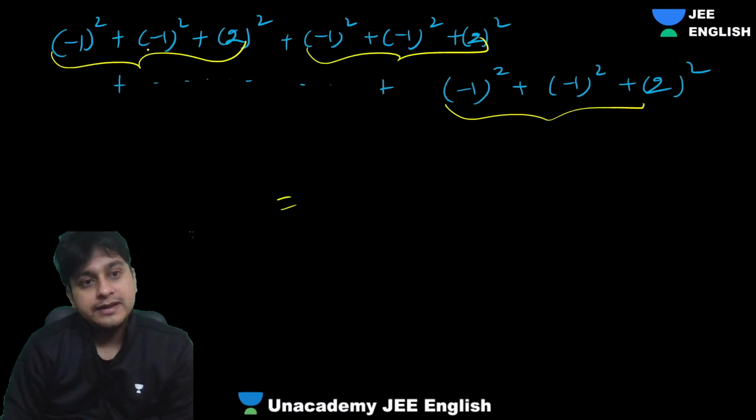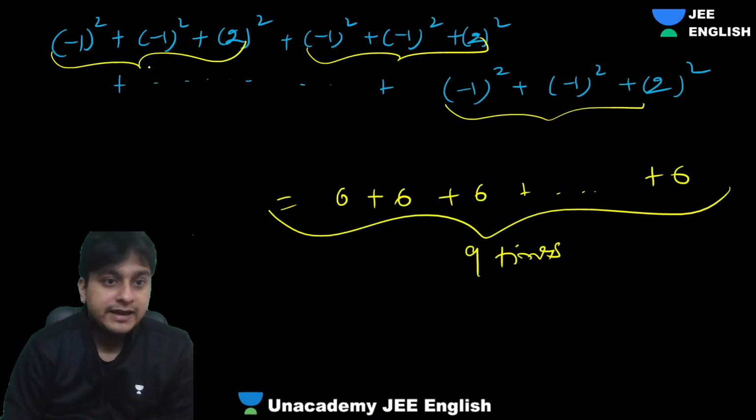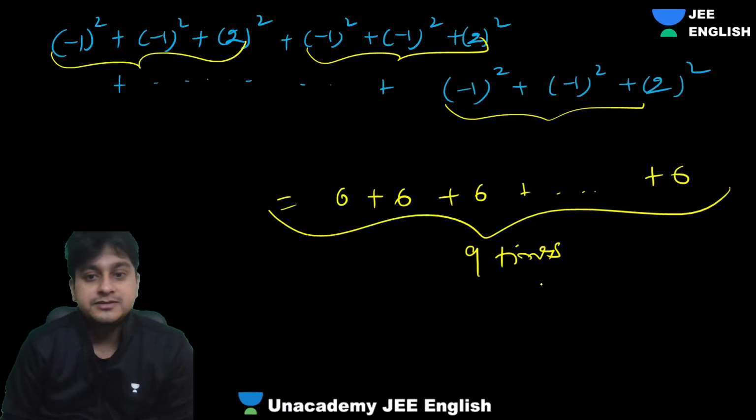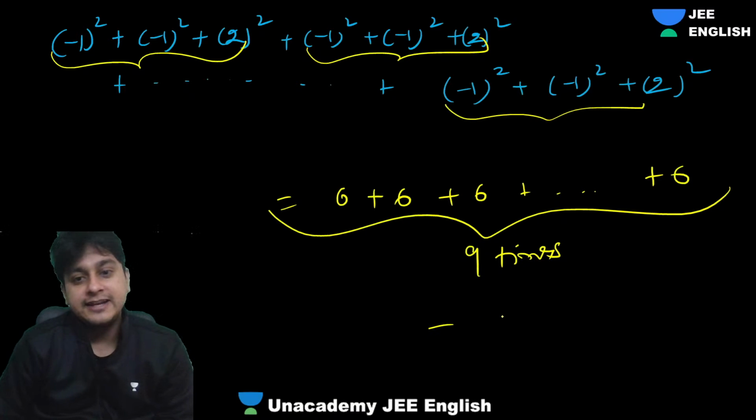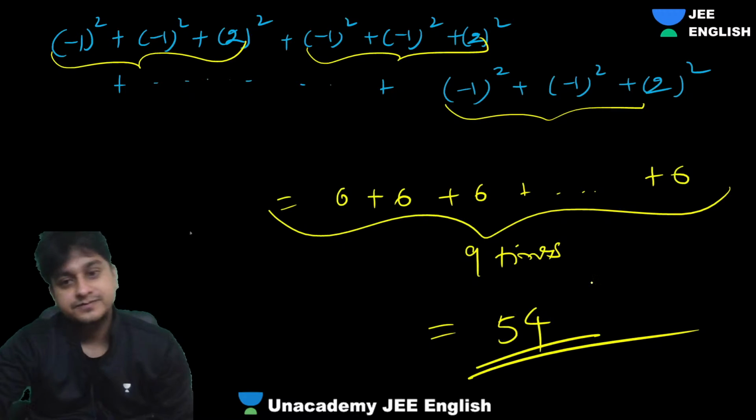So what will we get? 1 plus 1 plus 1 is 4, 6 plus 6 plus 6 and so on till 6, 9 times. Because overall there are 27 terms, but this is a group of 3 terms, 9 times. So 6 into 9 is 54. Understood, everyone? Clear?